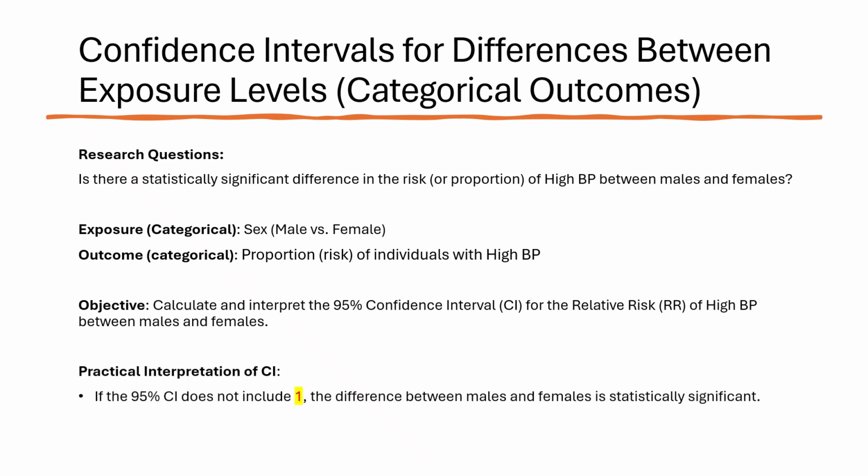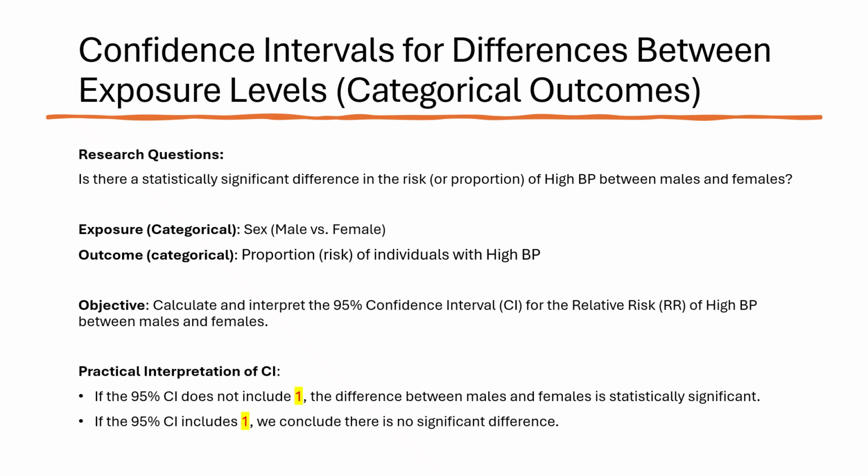And if the 95% does not include 1, please note that now we are not looking at 0. Anyway, I will explain why it is 1 and not 0. So if the 95% confidence interval does not include 1, the difference between male and female is statistically significant. But if 95% confidence interval does include 1, we conclude that there is no statistically significant difference.